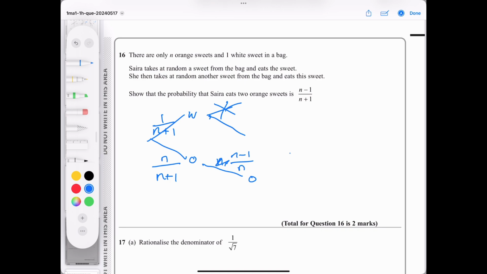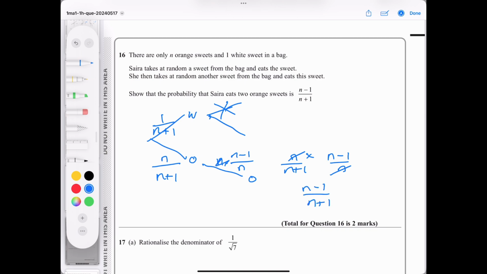So now that's n over n plus 1 times n minus 1 over n. And so we can cross multiply, so we get rid of those, so it does work out as n minus 1 over n plus 1.